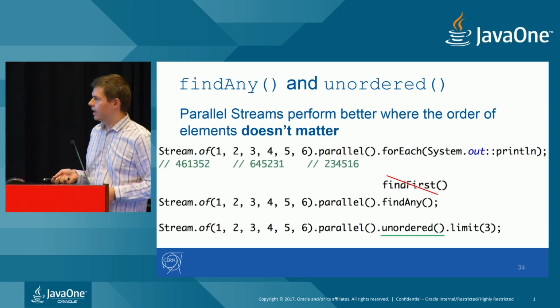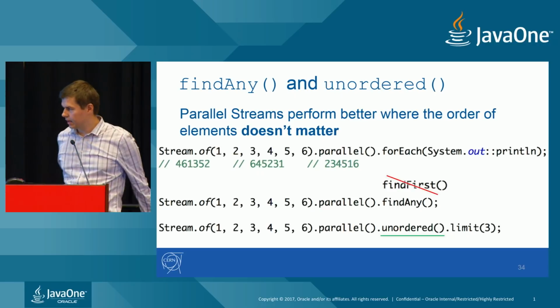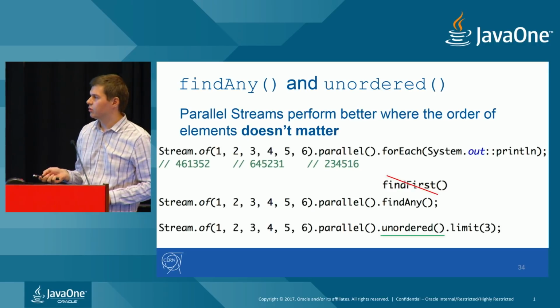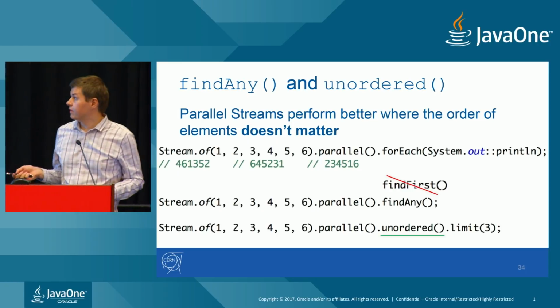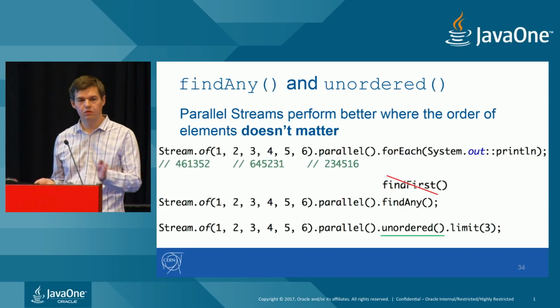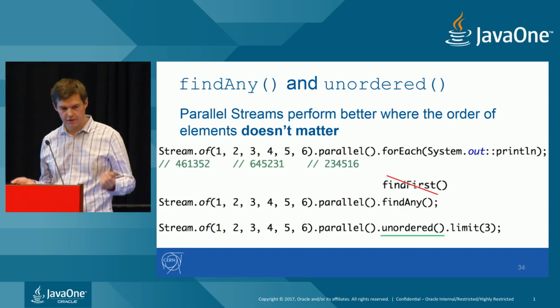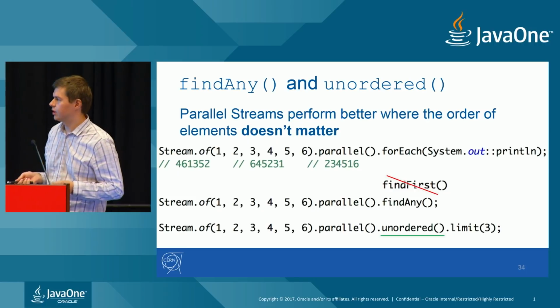As we execute it in parallel, it produces something different whenever you execute it. If we remove the parallel, it would be a nice 1, 2, 3, 4, 5, 6. However, as it's a parallel stream, you cannot really predict the order.